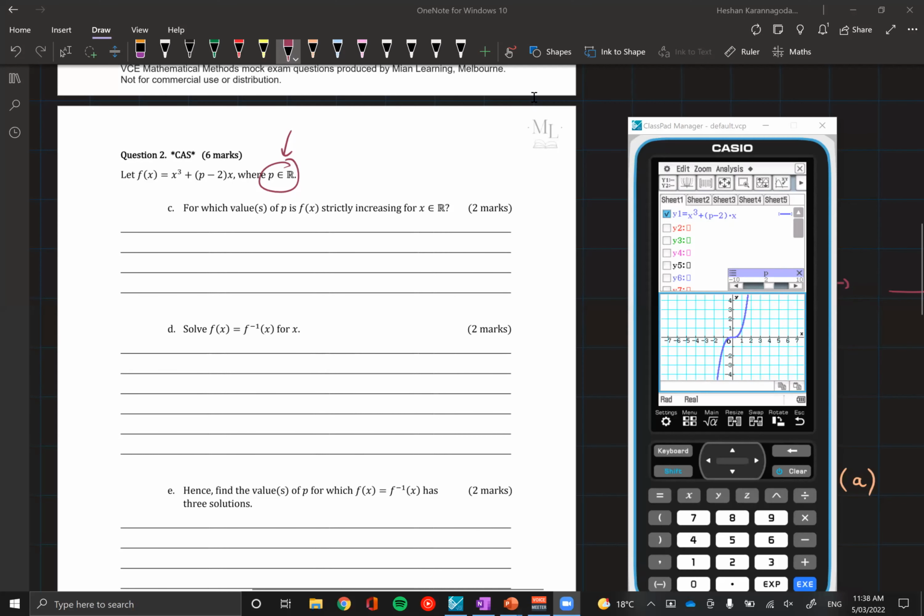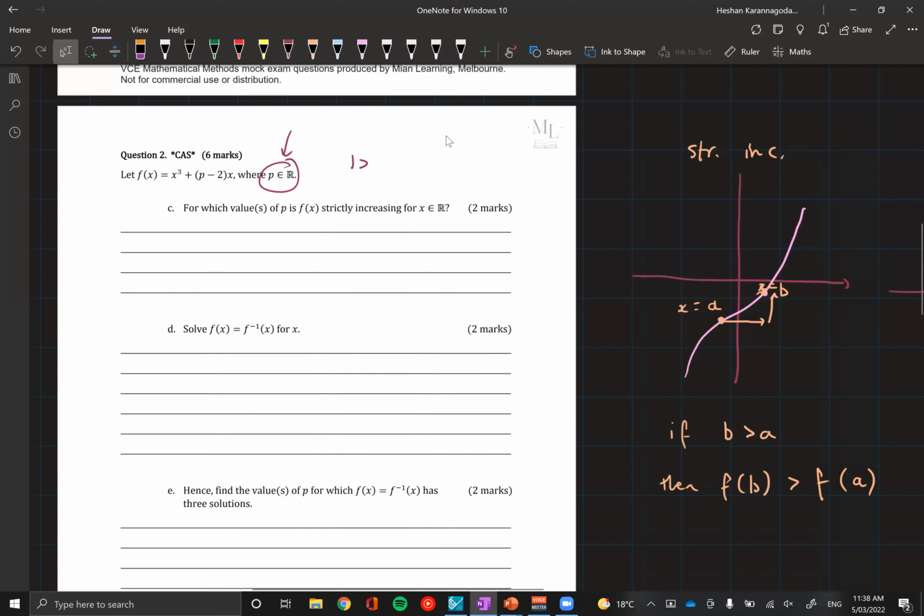I'll close one note. So I'm just restarting the OneNote. Does that always happen to you? Happens sometimes. I think it's when you share the calculator at the same time as the OneNote, like you're sharing multiple programs. Let's get back to this.